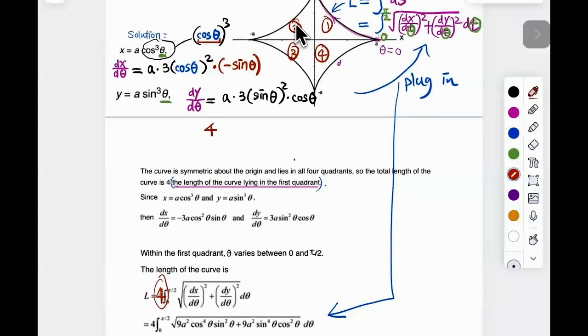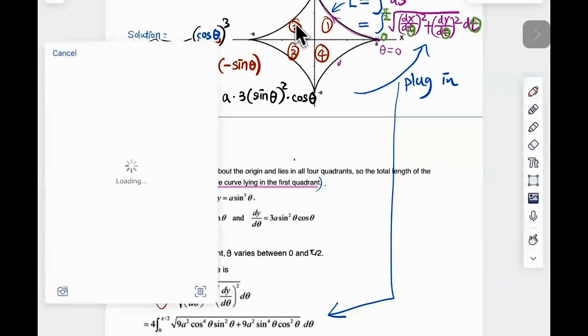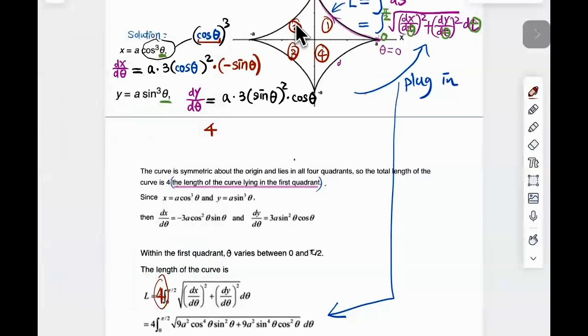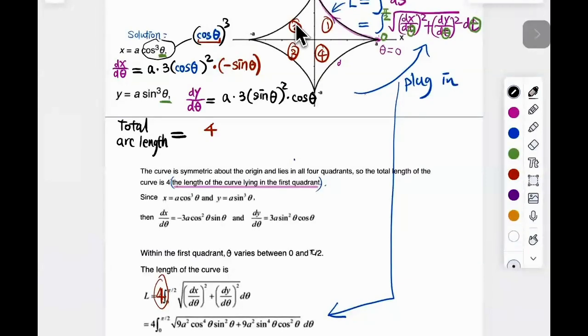So the total arc length, let me get it step by step, is equal to 4 of this, 4 times this one, right?